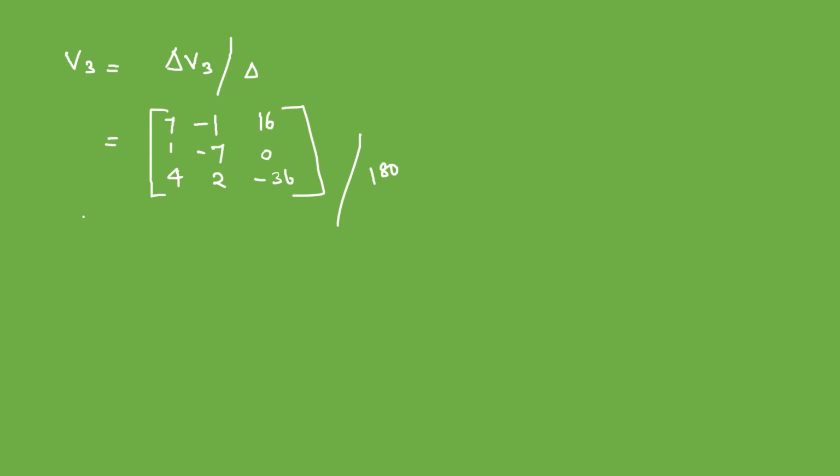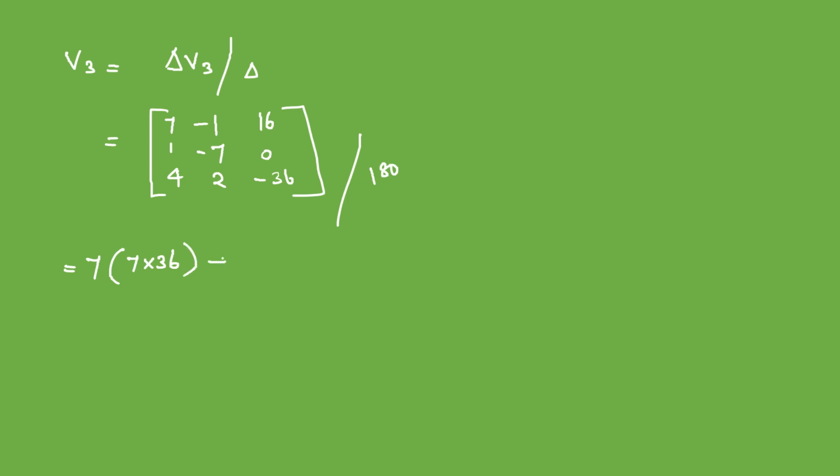Okay, so here we have, this is 7 into 36 minus 7 into minus 36, that is becoming plus, right? So I'll find it out. Then this is 0.